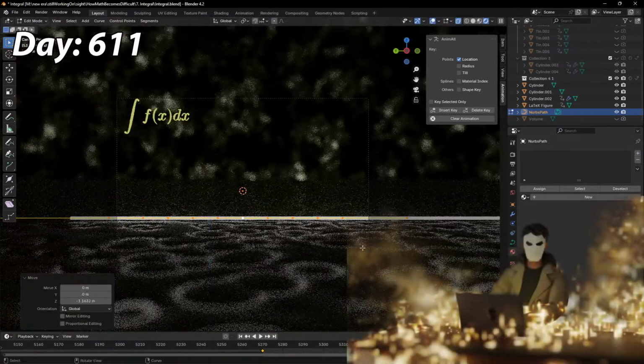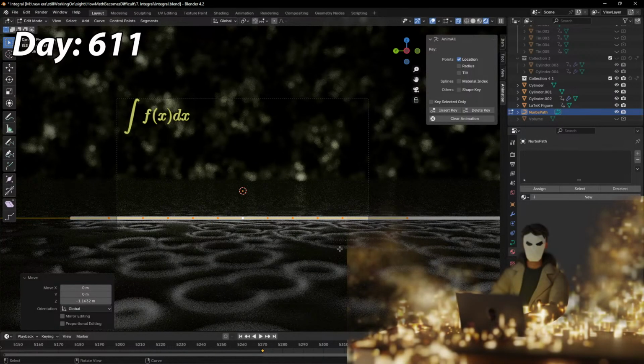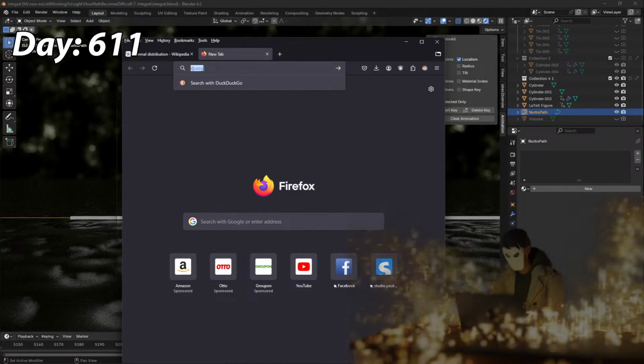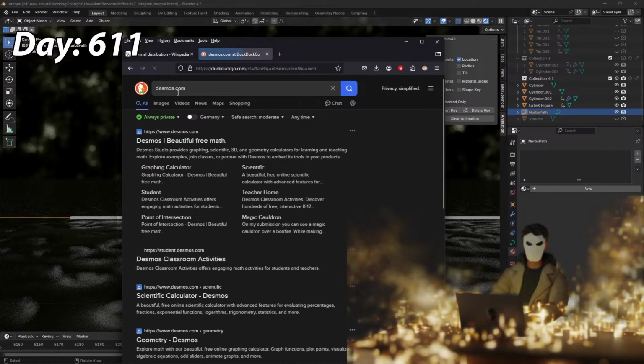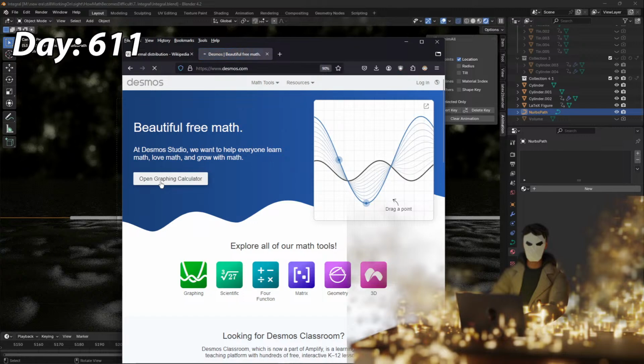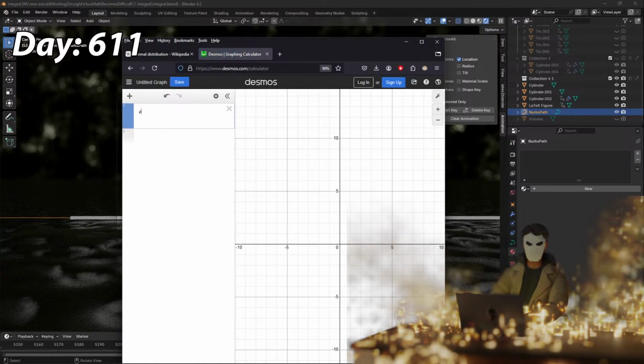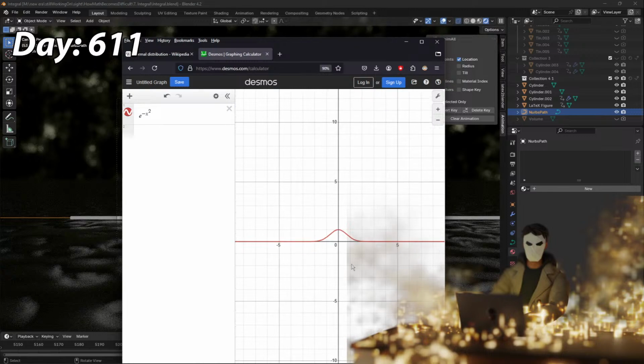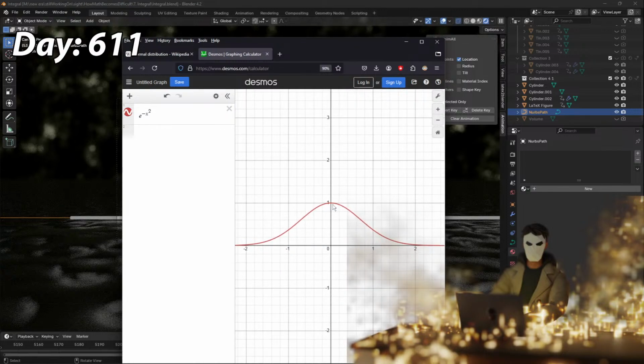This will be our 0 point. 0 level. Now what we need is we need to apply the function. Alright. Desmos.com. I don't know why I looked up this way. I could have just typed it in. Okay. So, e to the negative x squared. I'm pretty certain we should be able to do it in Blender, I think.